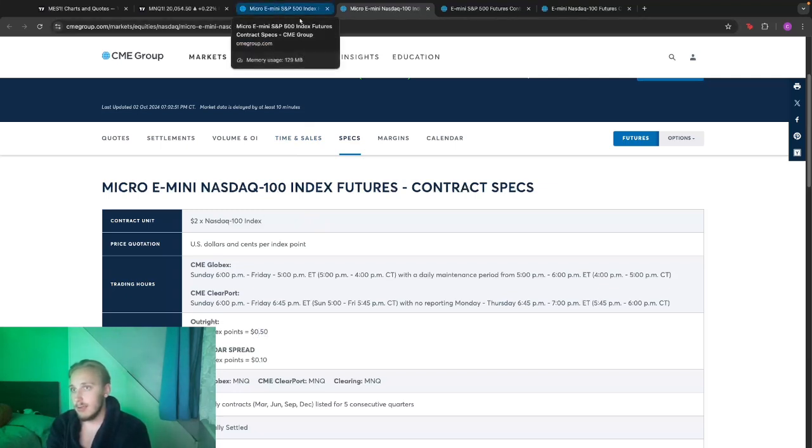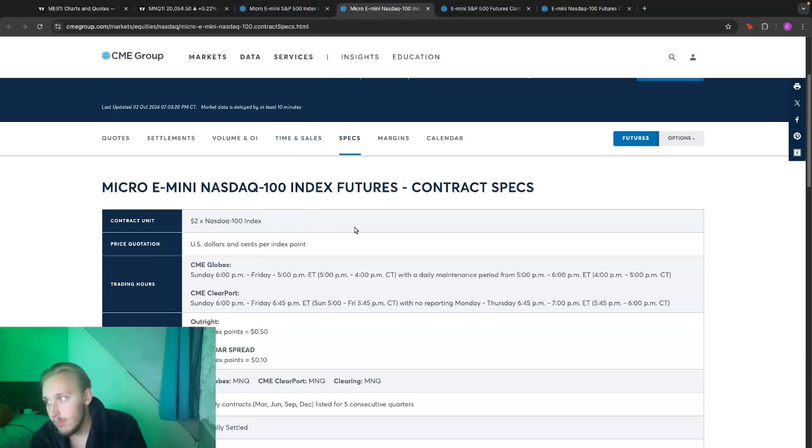So instead of calculating lot size with lots, this is fixed to ticks, and then to risk less, you just have to use the micros. Because if I wanted to trade the micro NASDAQ, if I had a 4 tick stop or a 1 point stop loss, that would be a $2 stop loss.